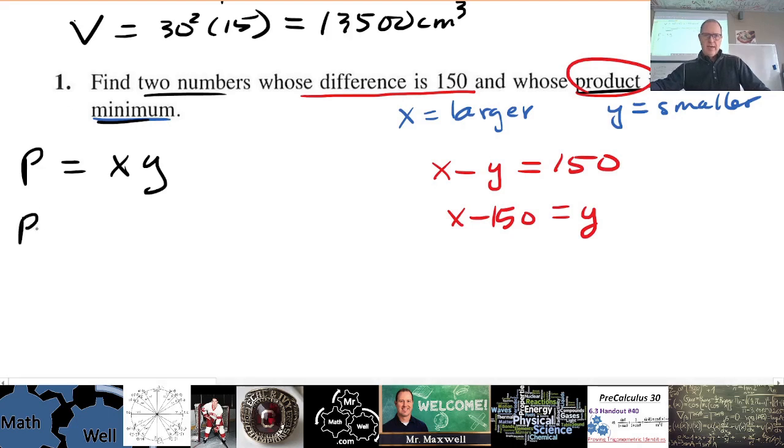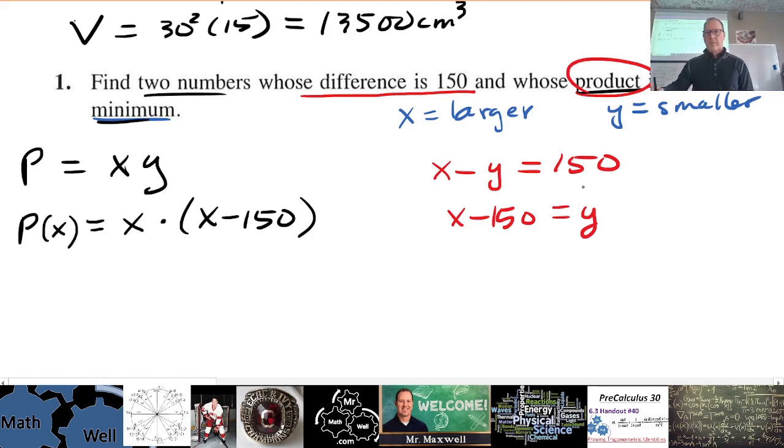So I go back to my product function. This is going to be p of x now. I only have x in there, and I have x times my y, which is x minus 150. I'm going to simplify my p of x because I don't want to do product rule. So I'm going to multiply this x in.